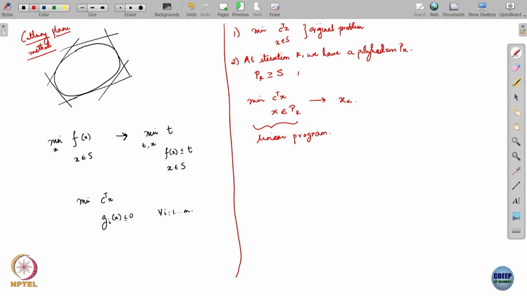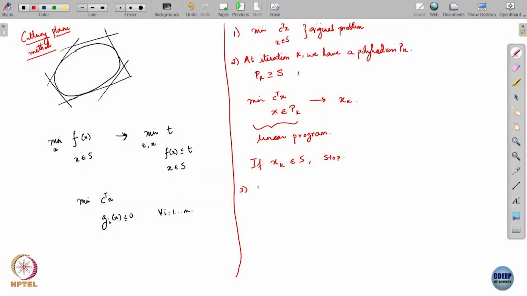So, if x_k belongs to S, that means it is feasible for the original problem, one can stop, because you have now found a solution of a lesser constraint problem that is feasible also for your original problem. So, you can stop and declare this as the solution, all right.